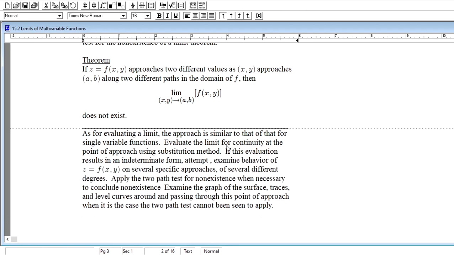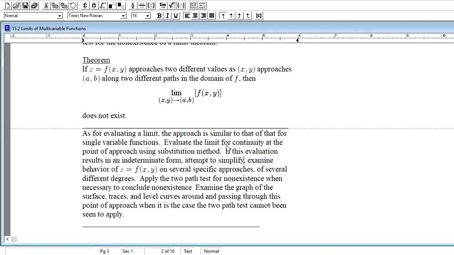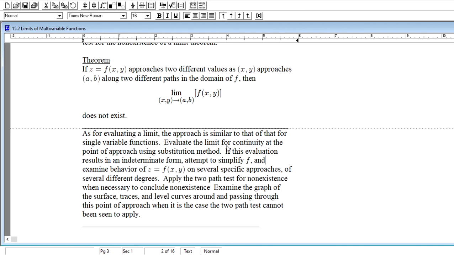Maybe just quickly say attempt to simplify function f, right? And then maybe we'll add into that afterwards, and/or examine behavior of z equal to f of x comma y on several specific approaches, right, of several different degrees. And I'll get into that here in just a moment, folks.